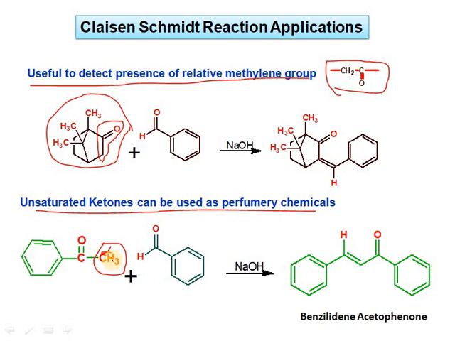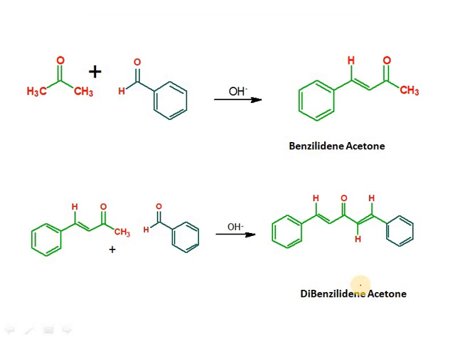The strong base abstracts a proton to form a carbanion, and this carbanion attacks this carbonyl carbon to form a negative charge on oxygen. After protonation to OH and removal of water, we get these unsaturated compounds, which are perfumery chemicals mostly used in natural products.